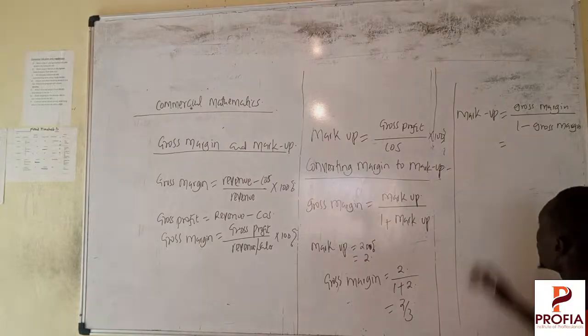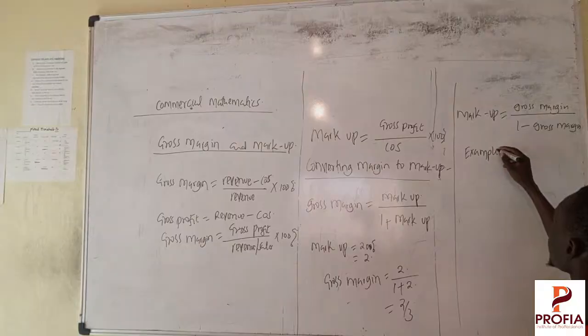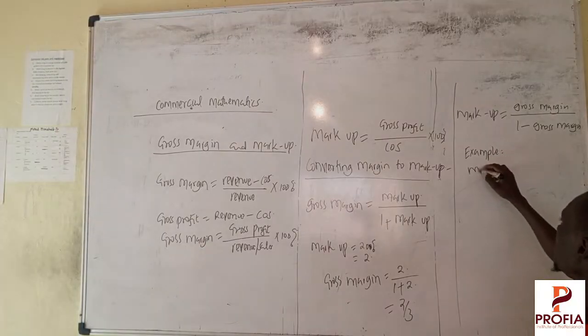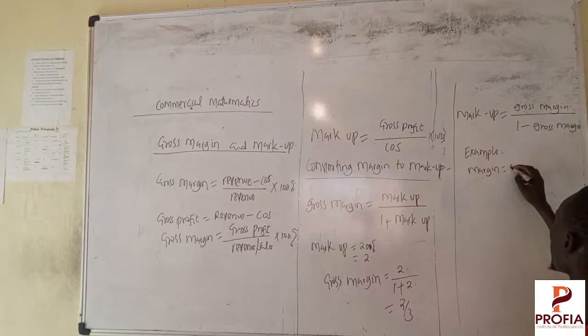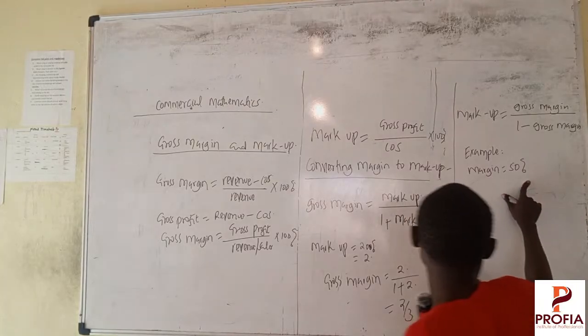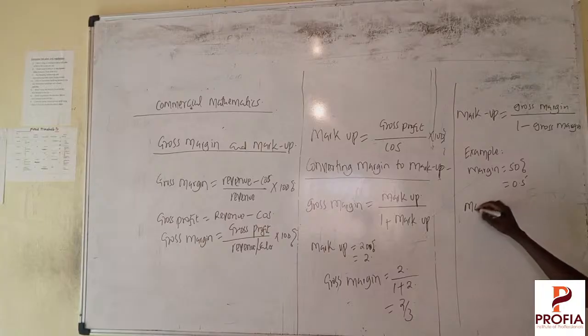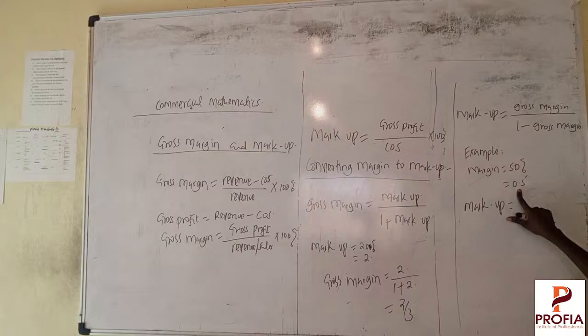For example, you have a margin of 50% and they want you to get the markup. If you convert this 50% over 100, it is 0.5. So markup will be the gross margin, which is 0.5, all over 1 minus 0.5.